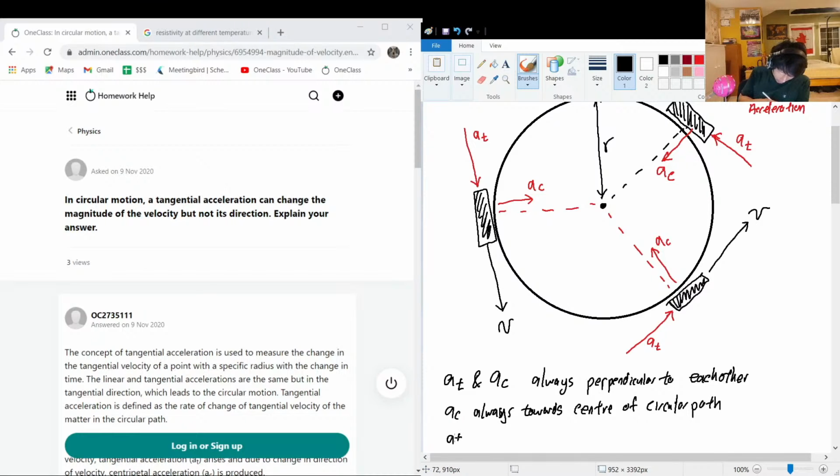And AT, not A times T, A subscript T, is always along the tangential path. Always collinear to the tangential velocity.